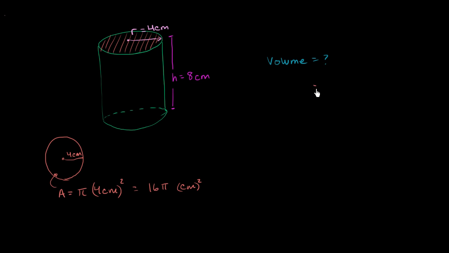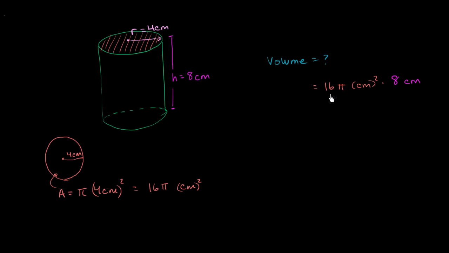So the volume is going to be equal to 16 pi centimeters squared times the height, 8 centimeters. And when you do multiplication, the associative property and the commutative property, it doesn't matter what order you do if it's all multiplication.